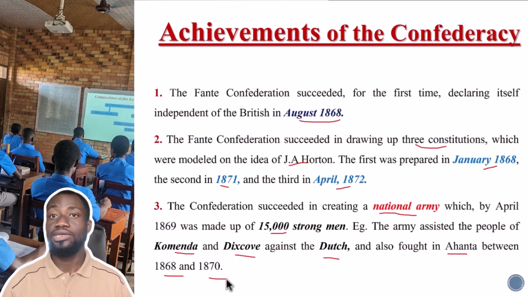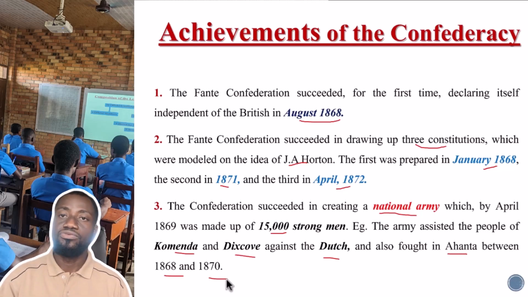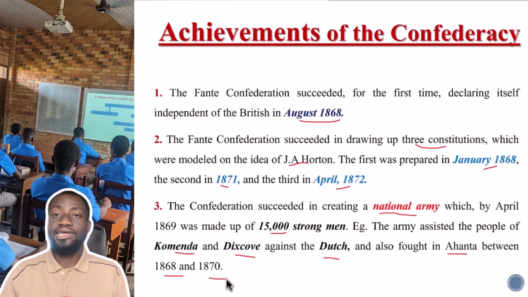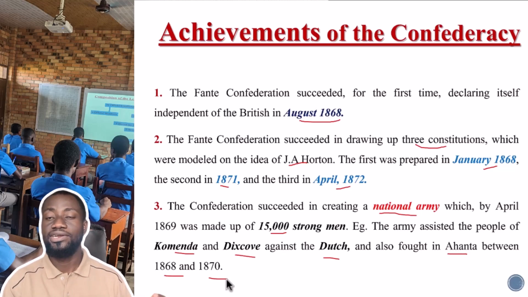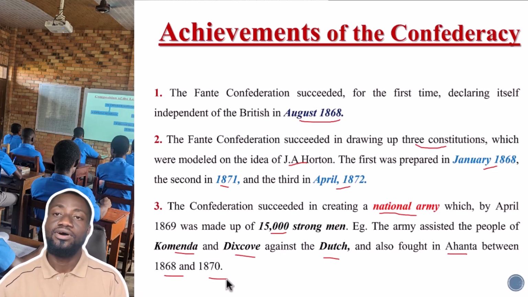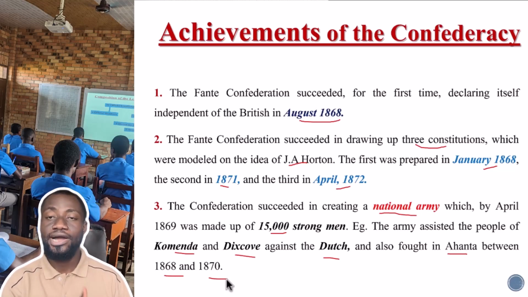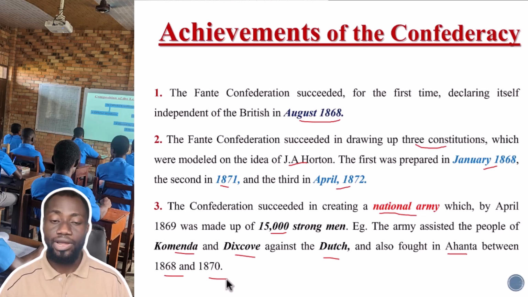You also recall in our previous lesson about the reasons for the formation that the people of Komenda, after the Sweet River Convention, did not agree to be under the Dutch because they had always been under the British, and they also feared that the Dutch were the traditional allies of Asante, and that coming under the Dutch was going to hurt them, and so they resisted, and the Dutch fought them.